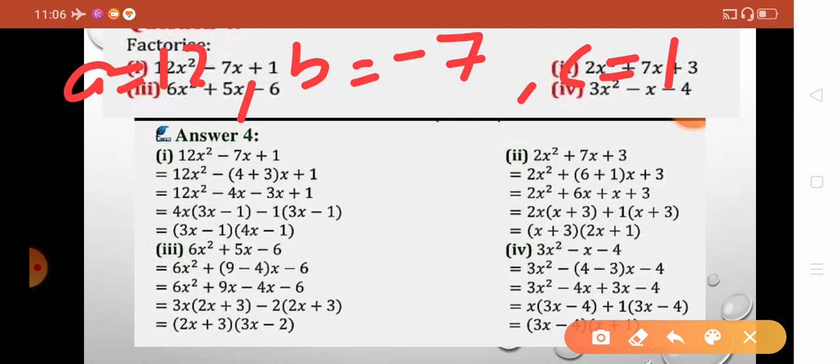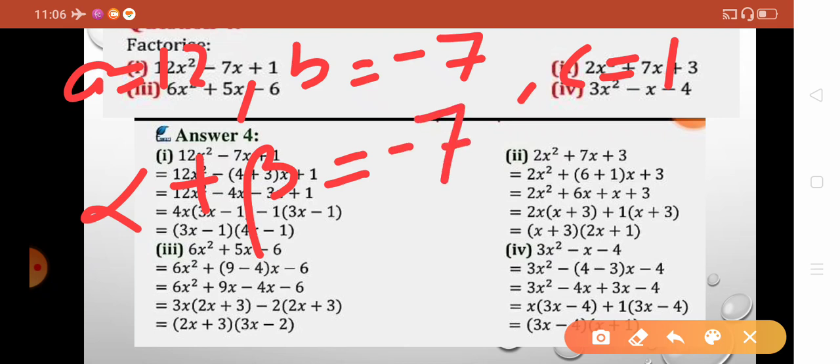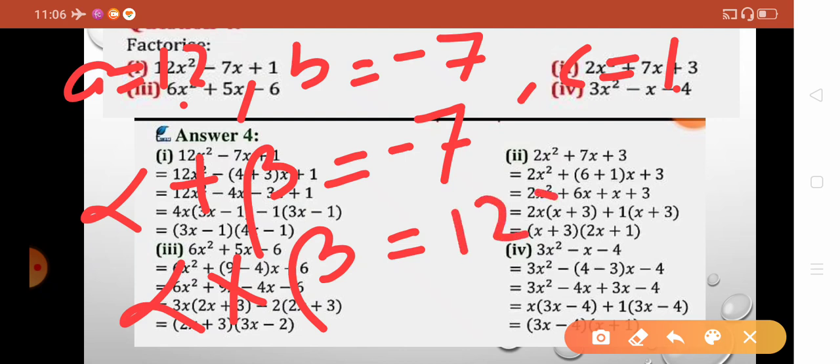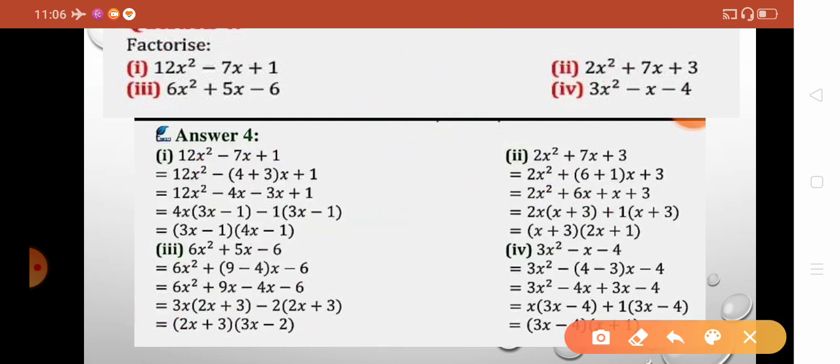So you have to find two numbers alpha and beta, in such a way that alpha plus beta is equal to minus 7 and alpha multiply beta is equal to 12 multiply 1. That means you have to find two numbers whose sum is minus 7 and whose multiplication is 12. So one thing you have to keep in your mind, that the sum must be minus 7 and the multiplication must be 12.